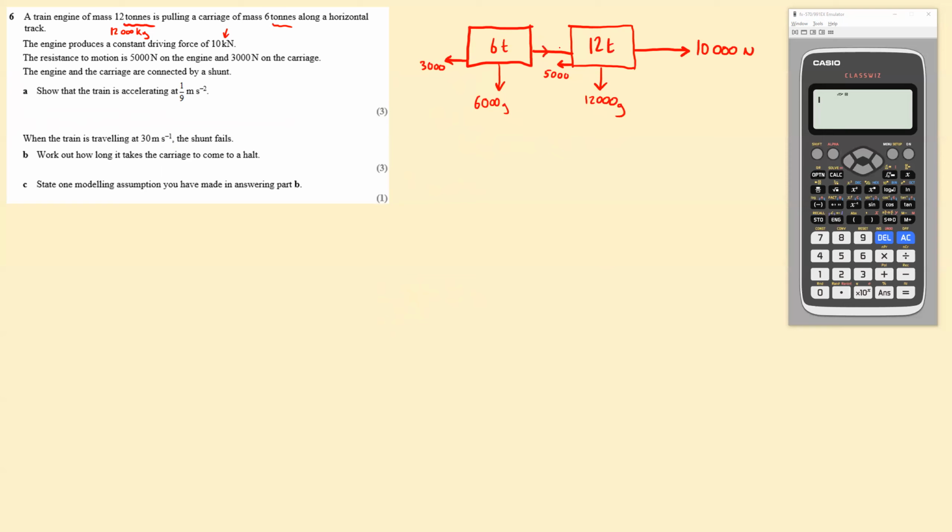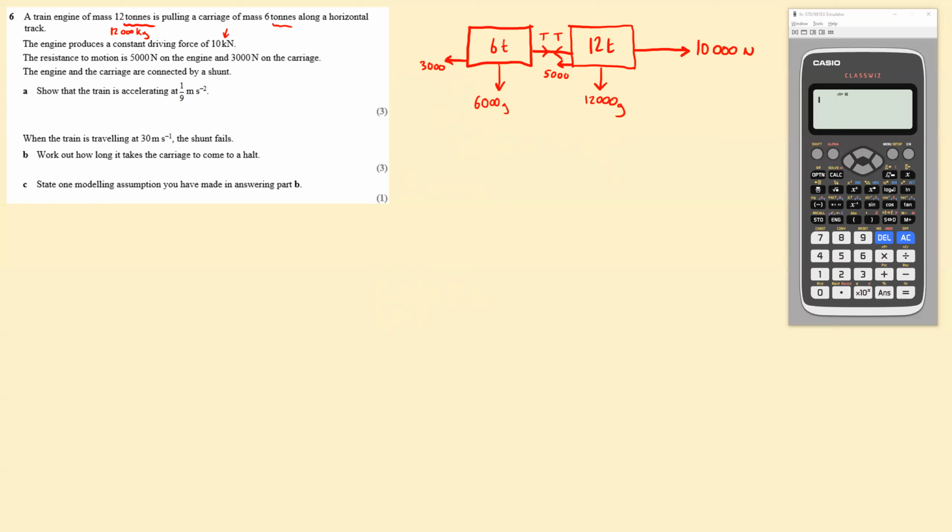And then obviously on this shunt, we've got these tensions keeping this together. As the train pulls away, it's pulling this one forward, but it's getting pulled back by the carriage itself. So they both feel a pull force relative to each other.